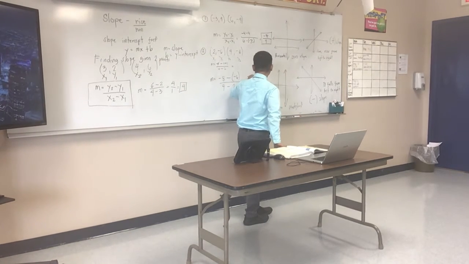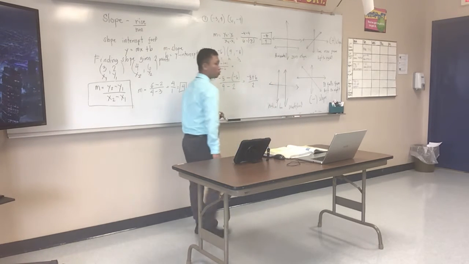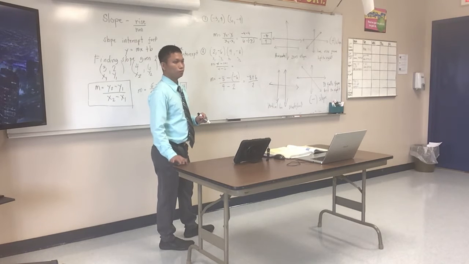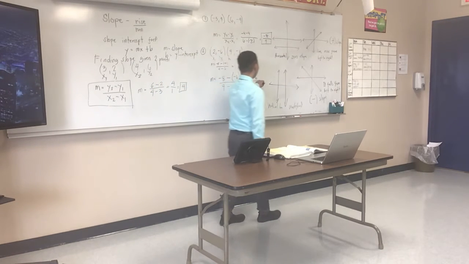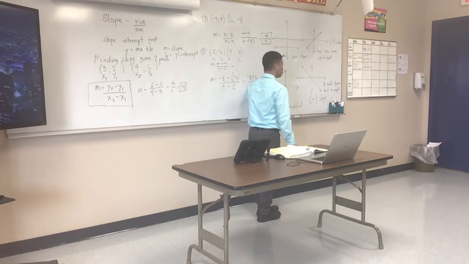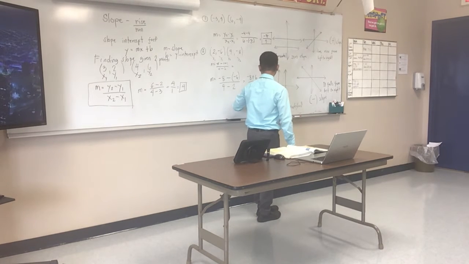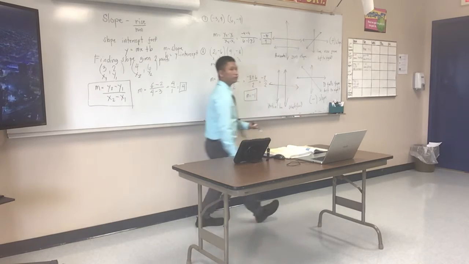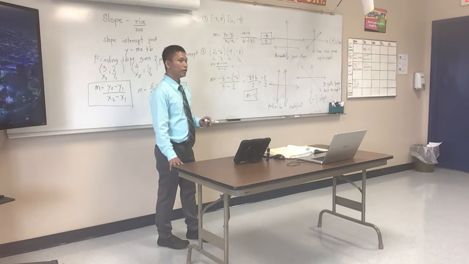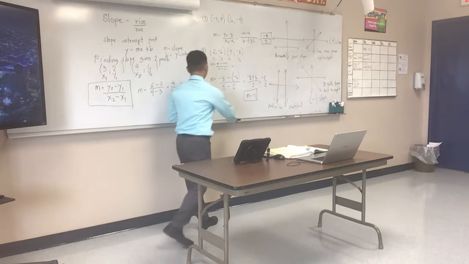So this would be negative 8 plus 6 over 2. So what would be your slope? This would be negative 2 over 2, or equal to negative 1. Did you get it?